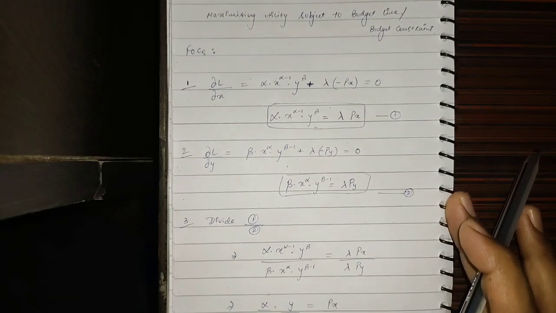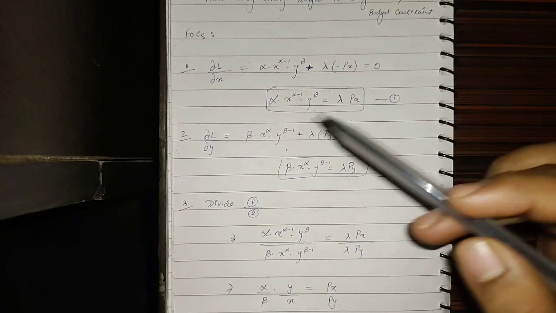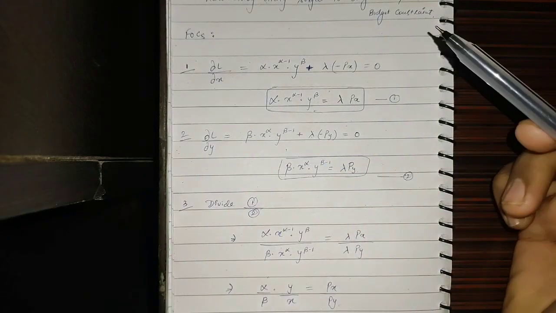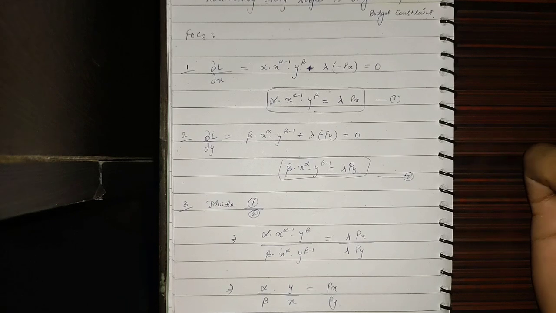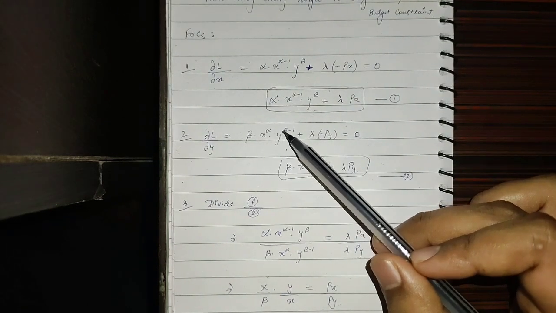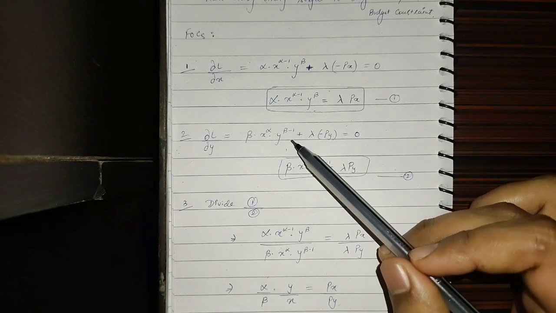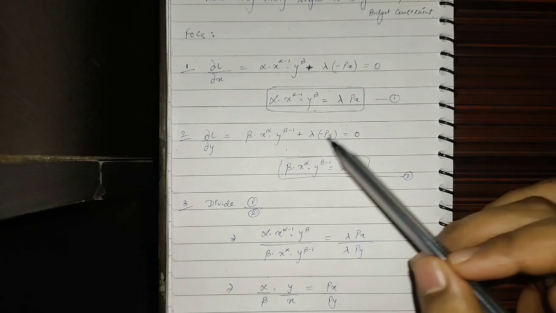Similarly, when we differentiate the Lagrangian function with respect to y, it would be del L by del y. This time beta will come down because we are differentiating with respect to y, multiplied by x raised to the power alpha multiplied by y raised to power beta minus 1, plus lambda.